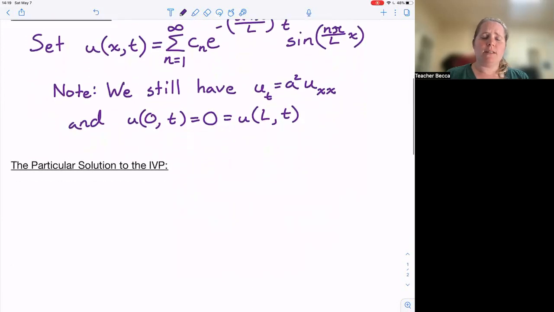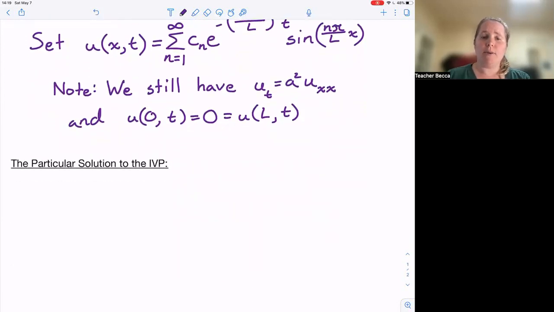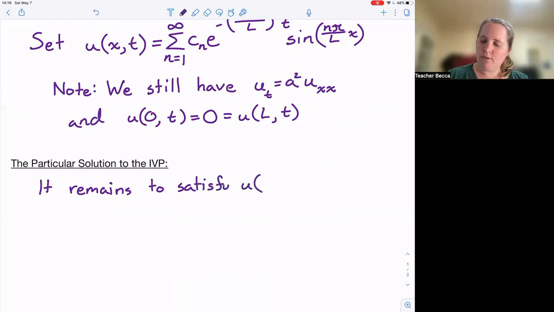Next up, we just have to satisfy the IVP. So again, it remains to satisfy u of x,0 equaling f of x.